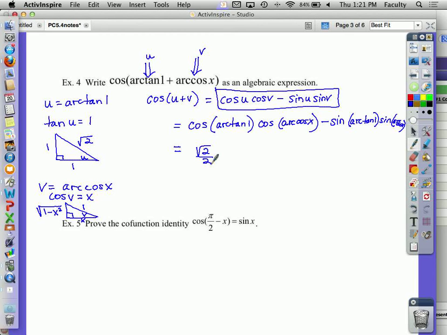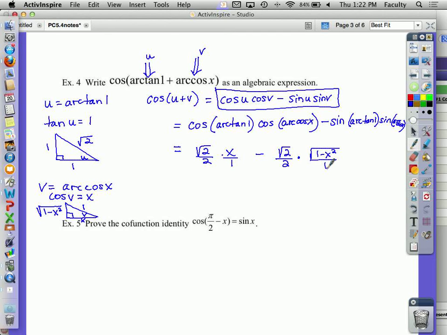I have cosine of v. Cosine of v is x over 1, or just x. Minus, then I want the sine of u. Sine of u is 1 over radical 2, or radical 2 over 2. And this one's the sine of v, which is radical 1 minus x squared over 1.